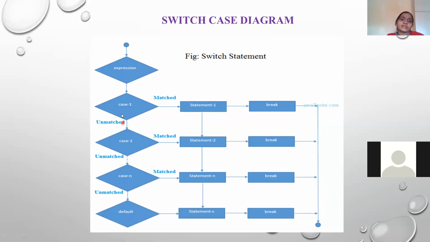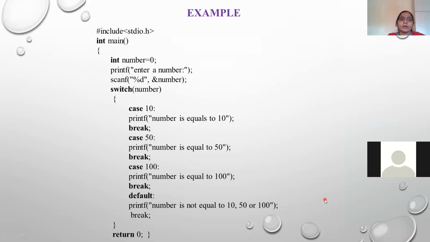If no match is found against case 1, case 2, or any of the available cases, then the default block is executed. This is the complete working of the switch statement. After the default block with the break statement, control is transferred out of the switch body. Okay, and this is an example of the switch statement. See, it's a very simple example.